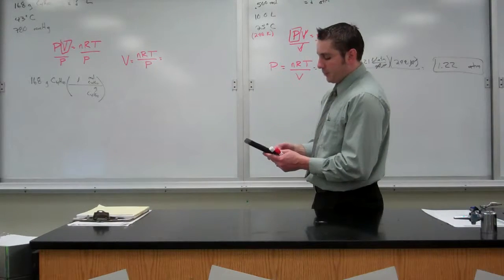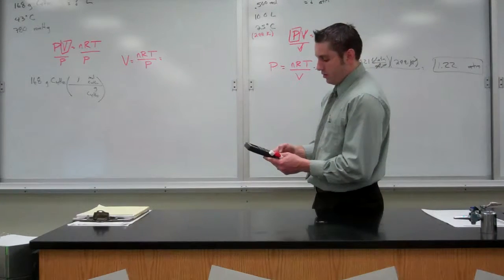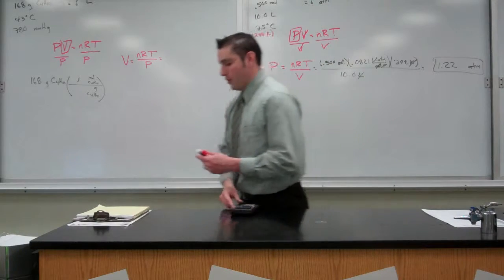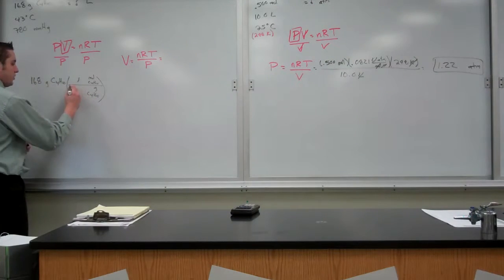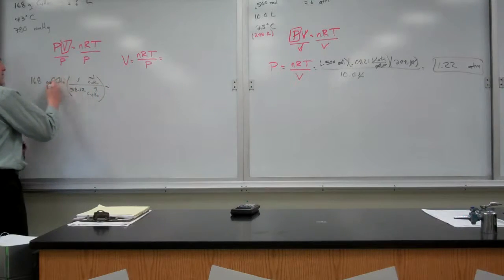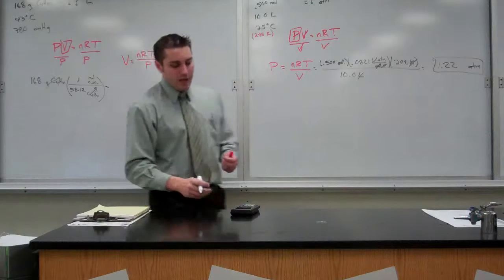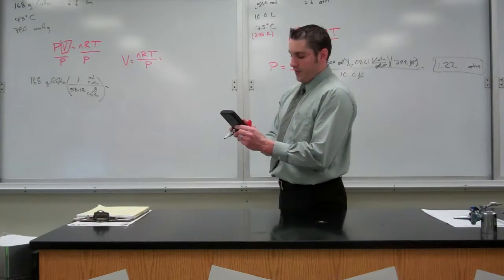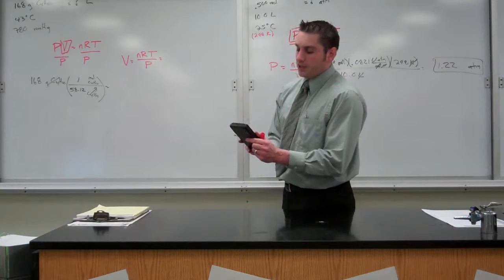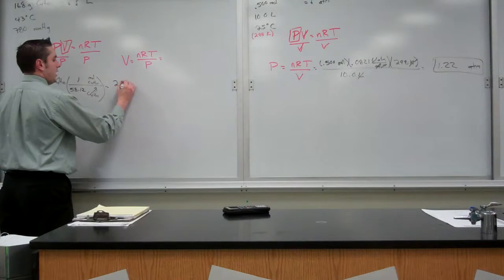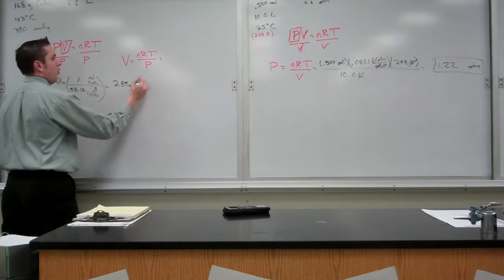So I take 4 times carbon, which is 12.01, plus 10 times hydrogen, which is 1.008. That leads us to a number of 58.12. Grams will then cancel, getting ourselves a number for moles. 168 divided by 58.12 looks like 2.8905, with 3 sig figs, 2.89 mole.